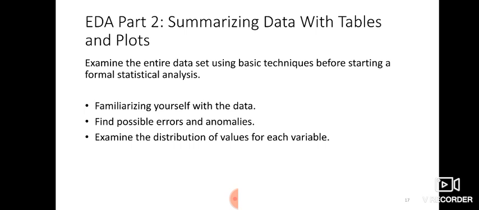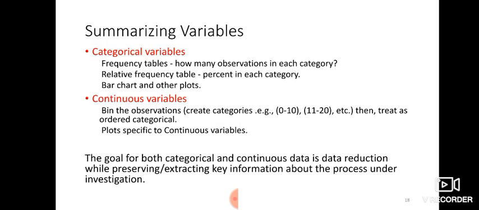Then we have to summarize the data with tables and plots. First we have to know what the data is. We should be familiar with the data. We have to find out if there are any errors or anomalies. After that, we have to examine the distribution of the values properly. Then we have to summarize the variables.